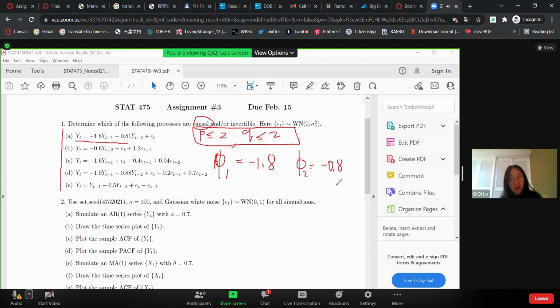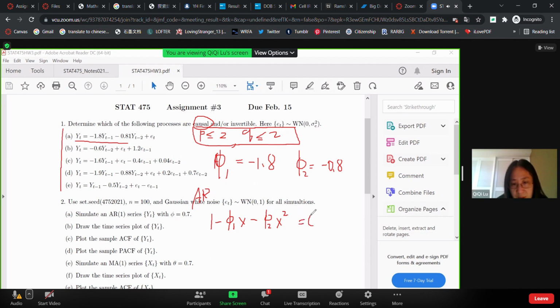And we have two methods to check the causality. One, you find the AR polynomial equation. That's 1 minus phi1 x minus phi2 x squared. That's the AR characteristic polynomial equation.